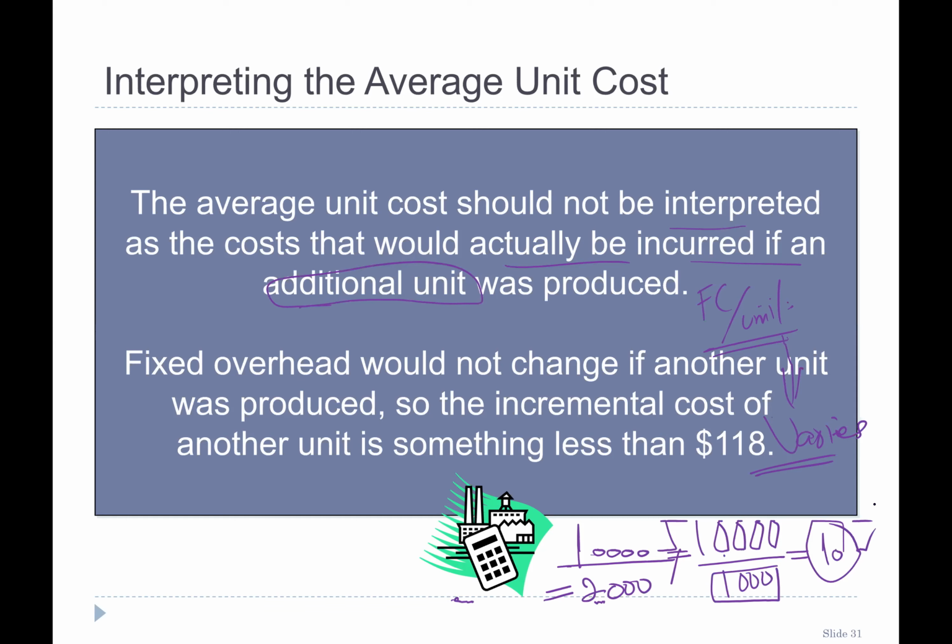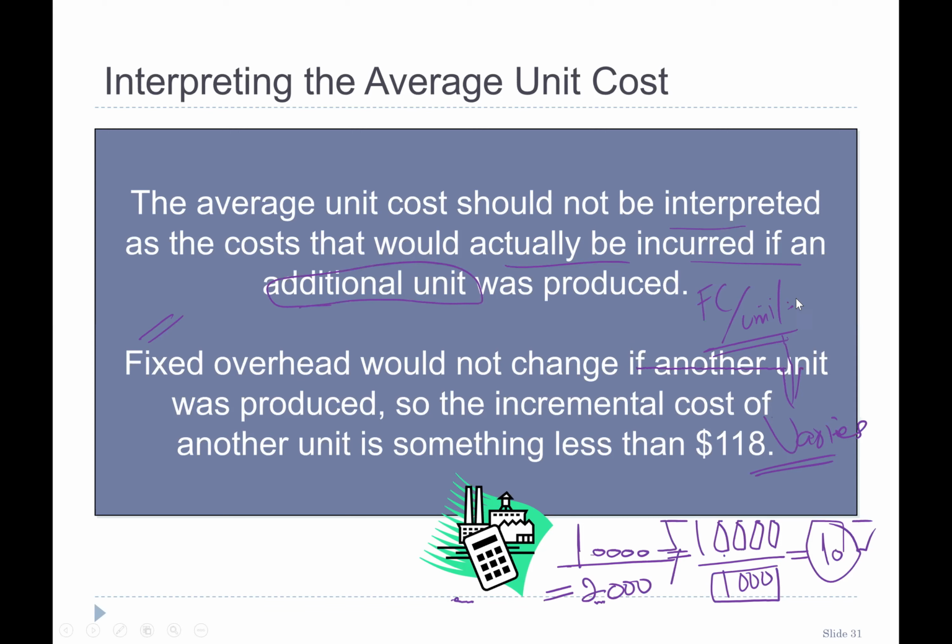So if you are making additional units, that doesn't mean that your average cost stays the same. Your average cost would be even less, because of the property of fixed cost. The fixed cost overhead would not change if another unit was produced.